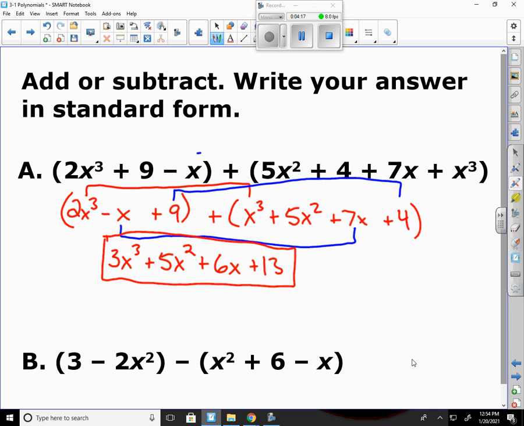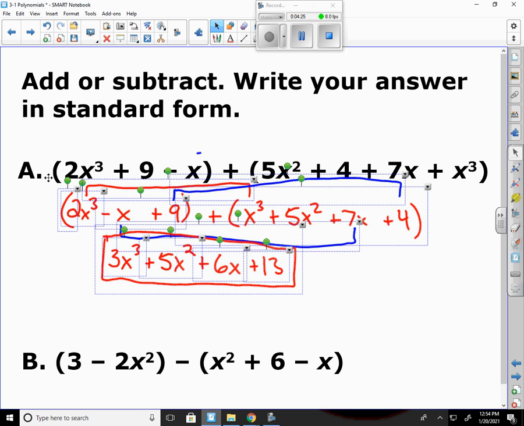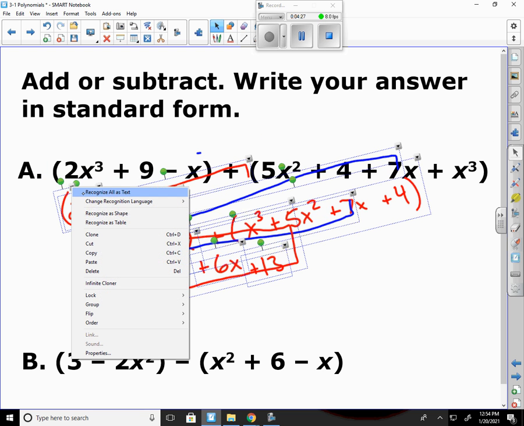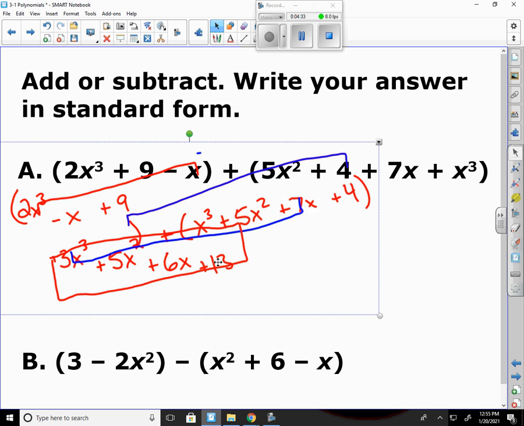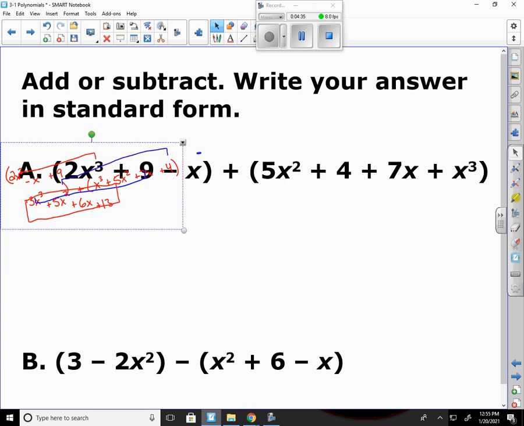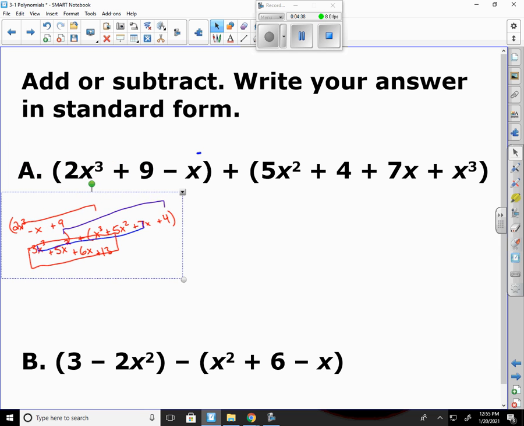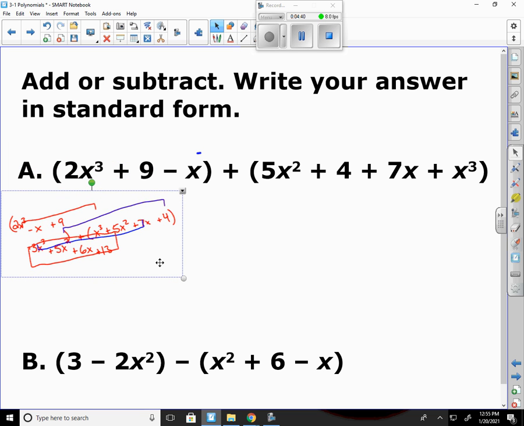The other way that I could do this is vertically. So I'm going to make this all smaller. Doing it vertically, I start by putting it in order from highest to lowest. So 2x to the third, then minus x plus 9.